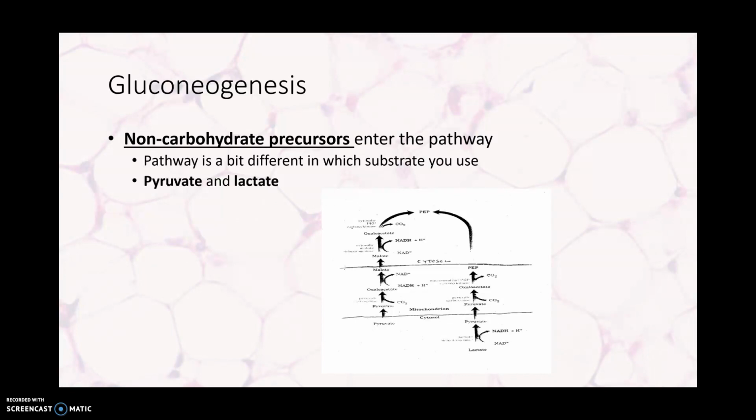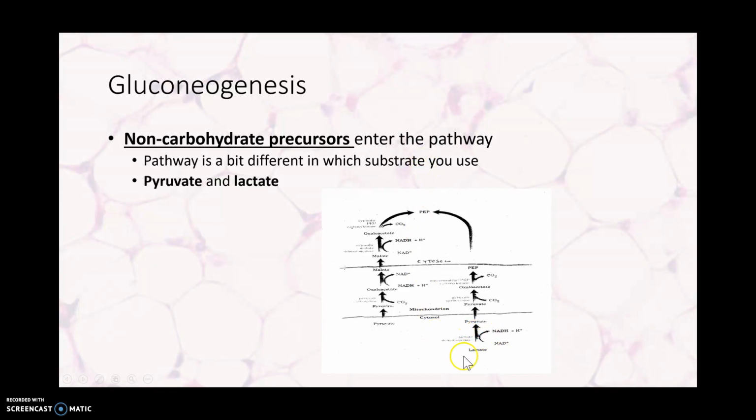Right. So non-carbohydrate precursors enter this pathway and are used to regenerate glucose. So non-carbohydrate, again, meaning things like pyruvate and lactate. So if you can see down here, we have pyruvate down here in our cytosol, and we can bring it back into the cell. This is all happening within the liver. And this is our pathway, ultimately, for the most part, that comes up to this point, and then it finishes up the pathway to make glucose.